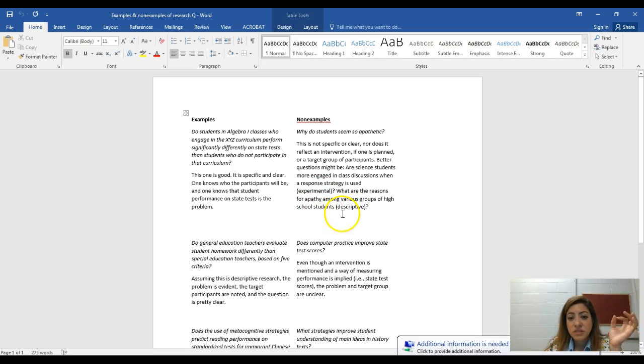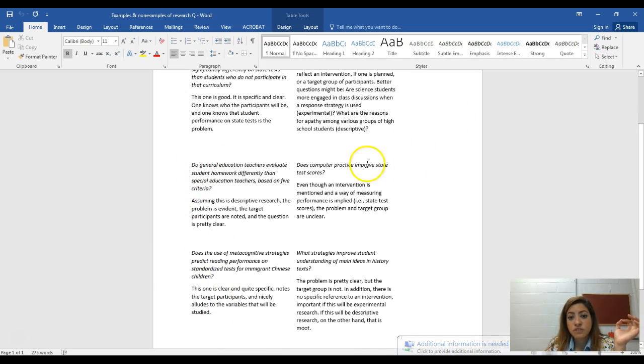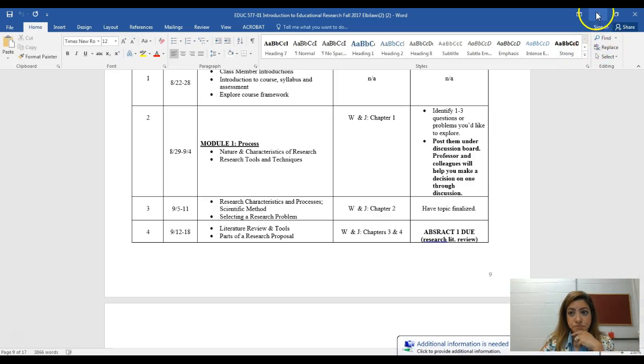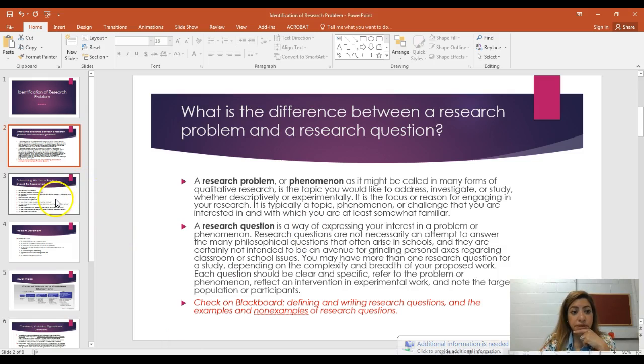Do you see the specification of the students, the group, the age, the population, the environment, the setting? Everything is specified. That's a good question. Please read through the good questions versus the bad questions in order to exercise and train yourself into how you can form a good question. All right, now let's go back to our PowerPoint.